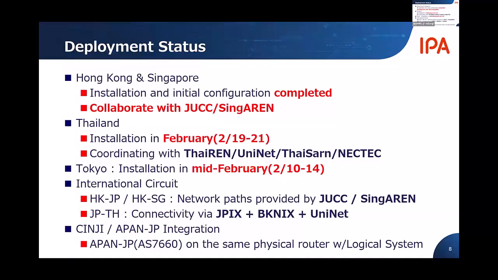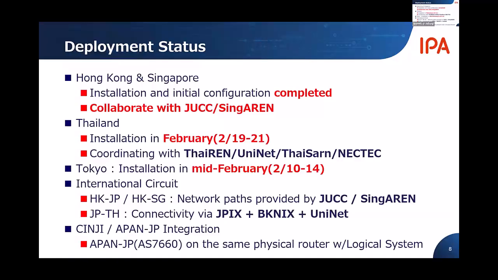Regarding international connectivity, the Hong Kong-Japan and Hong Kong-Singapore segments are supported by network paths provided by JUCC and Singapore. For the Japan-Thailand segment, the connectivity is realized via JPIX, BKNIX, and UniNet.